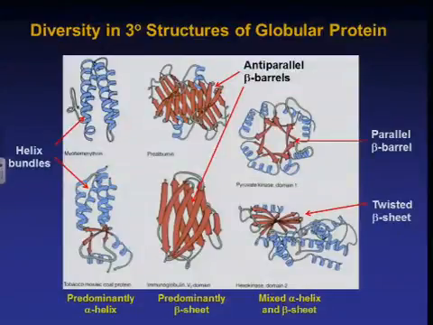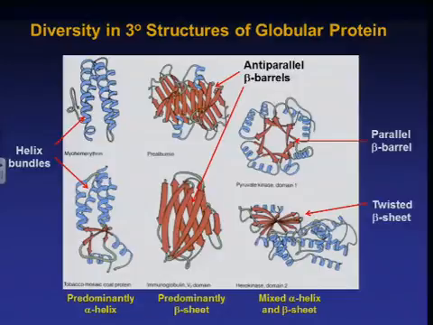But in fact, you can mix and match those in various ways. So this is just to give you an idea. You've got proteins which can be predominantly alpha helical, and in these cases, we have what are called helix bundles. So you have multiple helices coming together. If you looked at something like that, you could guesstimate what types of interactions might bring those helices together.